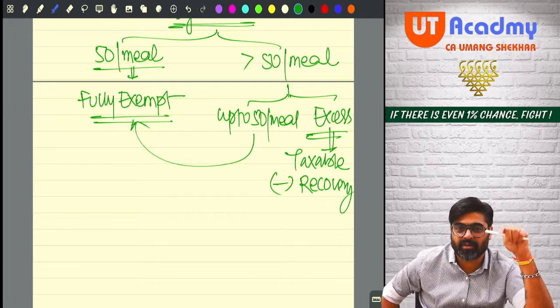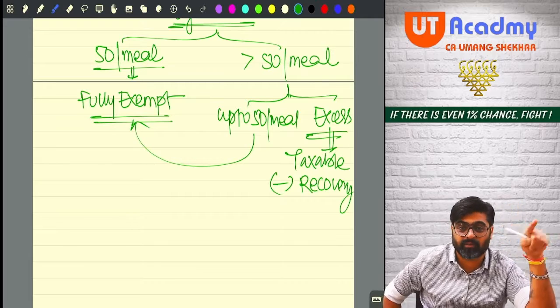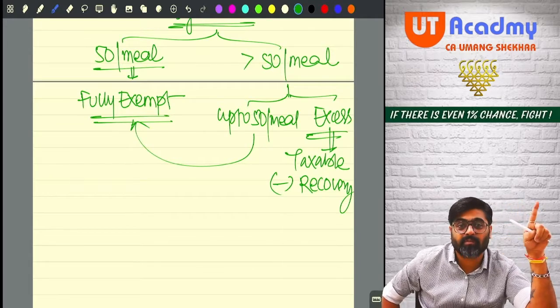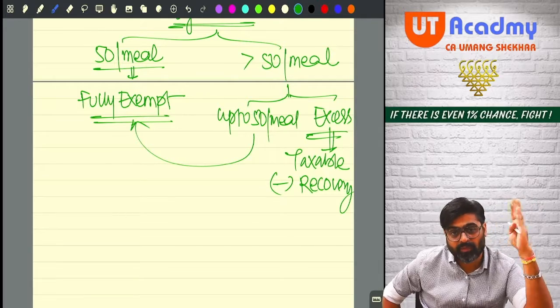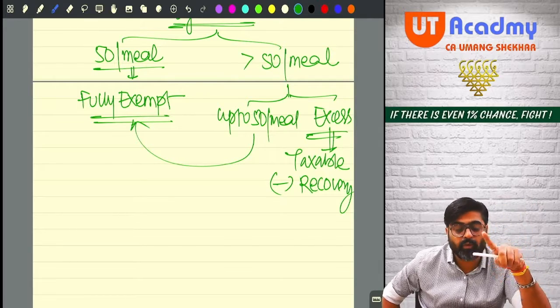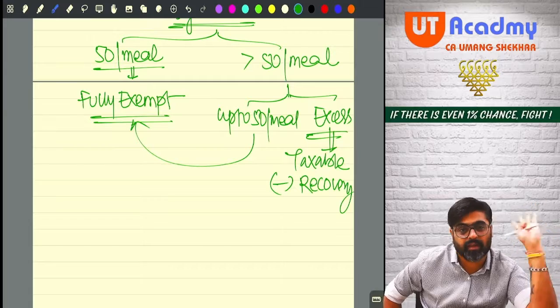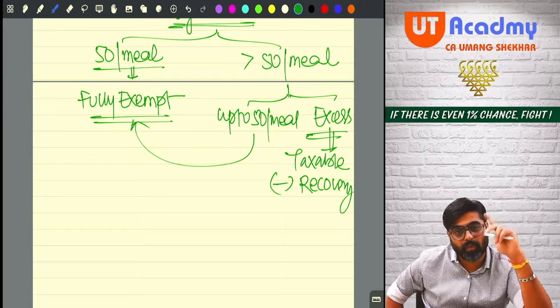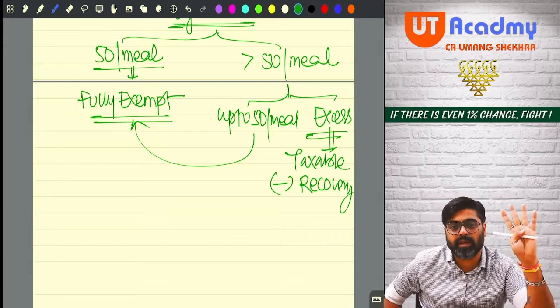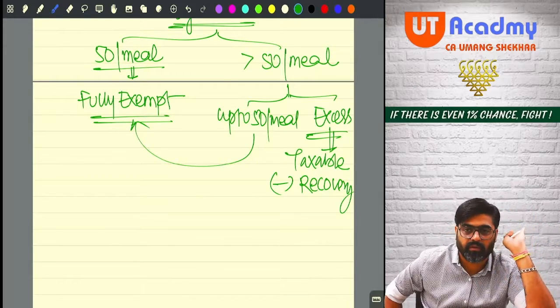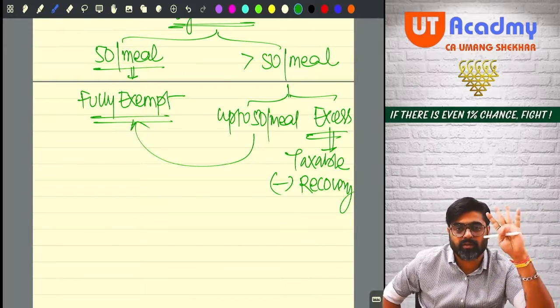There are 300 working days in a year: 365 minus 52 Sundays minus 13 public holidays. So you'll have to assume that this meal was provided for 300 working days. The employee would have gone for these 300 working days, and for all of them he would have got this benefit. So 10 into 300 will be 3000.